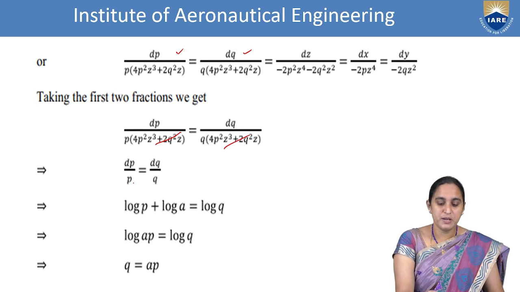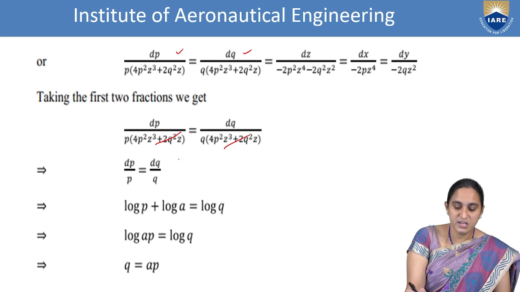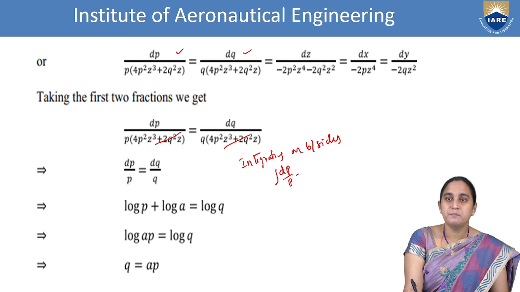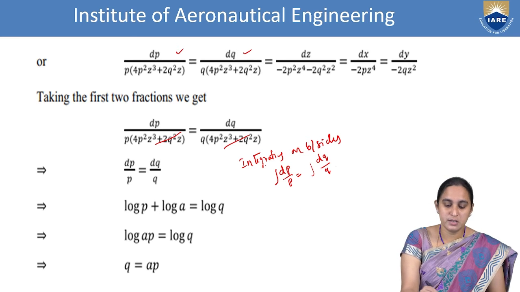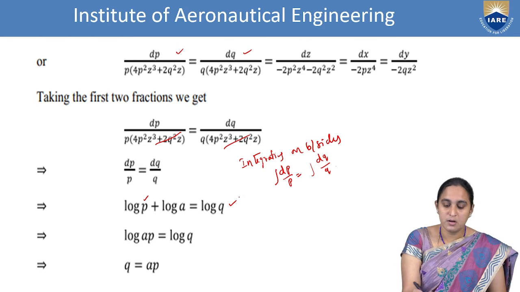Then dp by p is equal to what? dq by q. From that, integrating on both sides. Integral of dp by p is equal to integral of dq by q. Therefore, integration of 1 by p is log p and integration of 1 by q is log q.